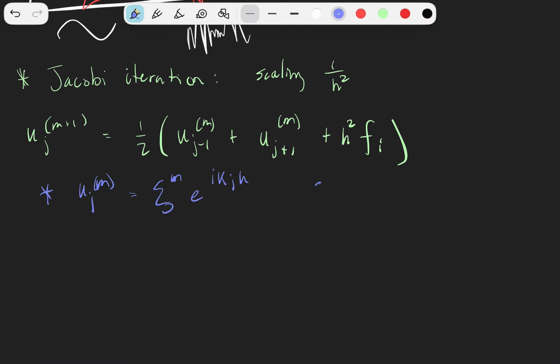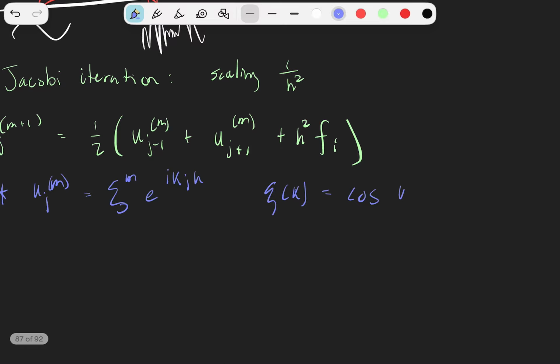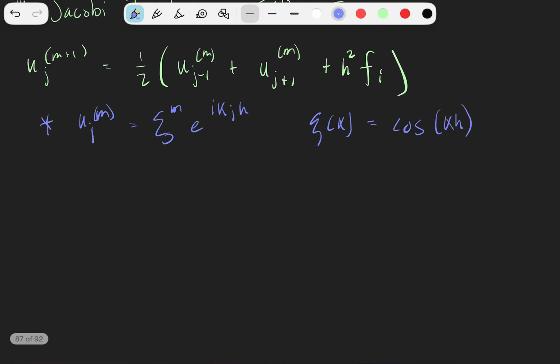And of course, remember this c sub k, the coefficients can be in terms of some cosine here. And this amplification factor is going to have a magnitude of the absolute value of cosine kh, where h is that scaling parameter.